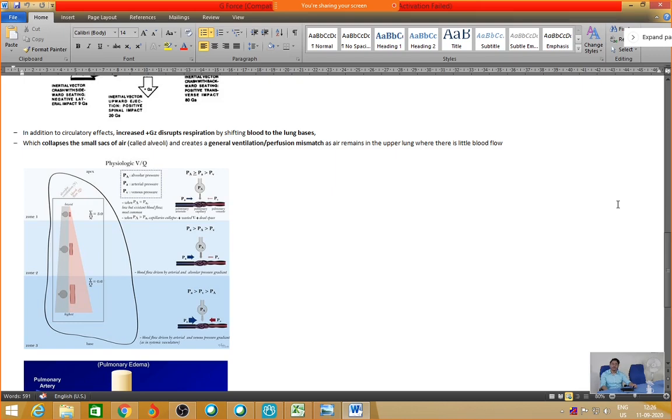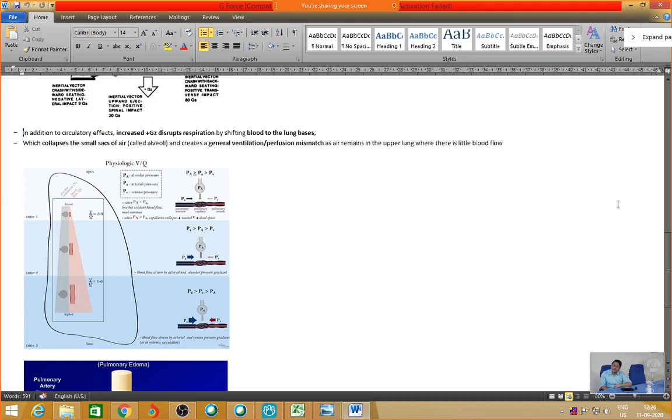That means it's not that either part is getting less ventilation or less perfusion. The only thing is that there is a mismatch. Sometimes the ventilation is more, sometimes the perfusion is more, compared to each other. But the middle lobe of the lung is generally the part which shows some kind of matching.